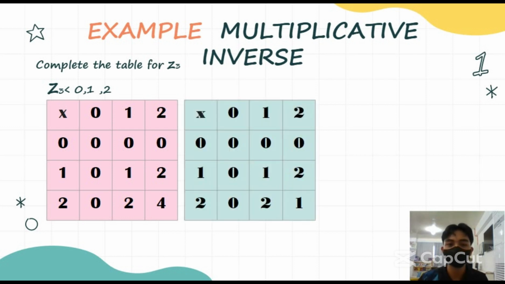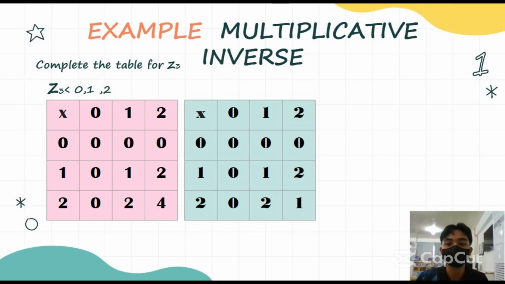So our next table is the remainder table for multiplicative inverse, where what is here is the remainder of that number. So first, 0 times 0 is 0, and we know that 0 mod 3 is equal to the remainder 0. The same here, 0 times 1 we have 0, so 0 mod 3, the remainder is 0.